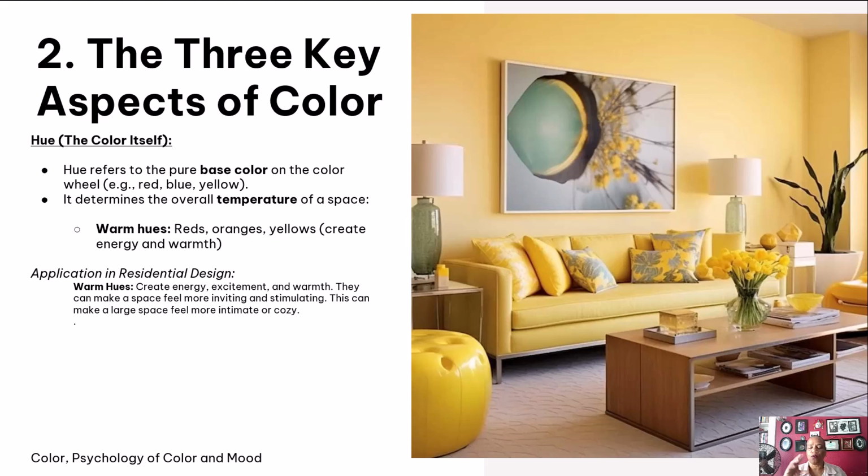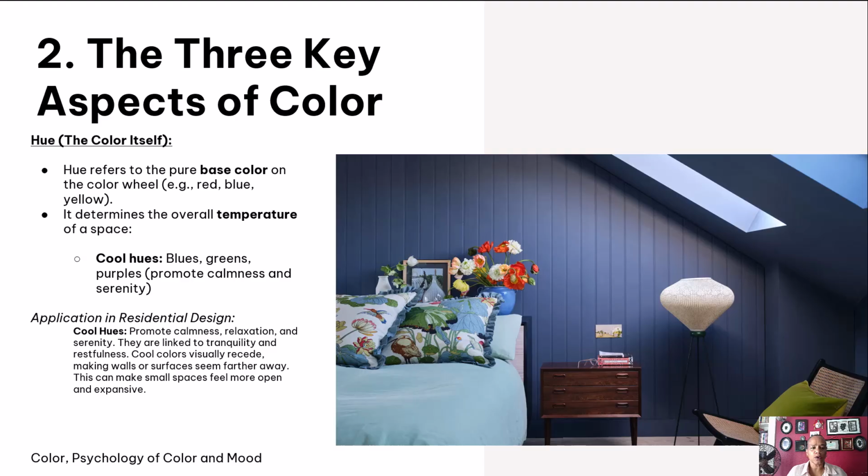So you can have warm base colors and you can have cool base colors. So warm base colors give the feeling of the sun. So oranges, yellows are warm colors, as opposed to blues, purples, greens, which are really cooler base colors or cool hues, because they remind us of water, or sometimes if there's a chill in the air, it'll feel like a little blue.